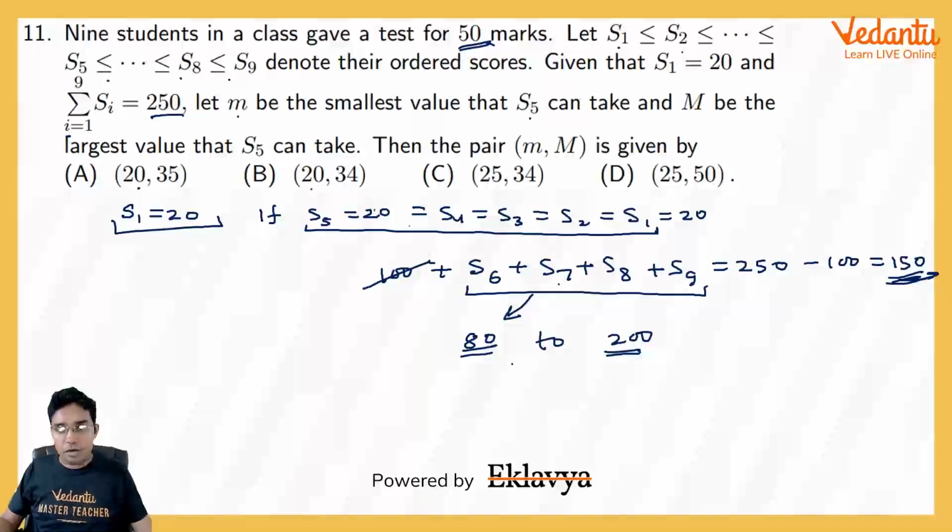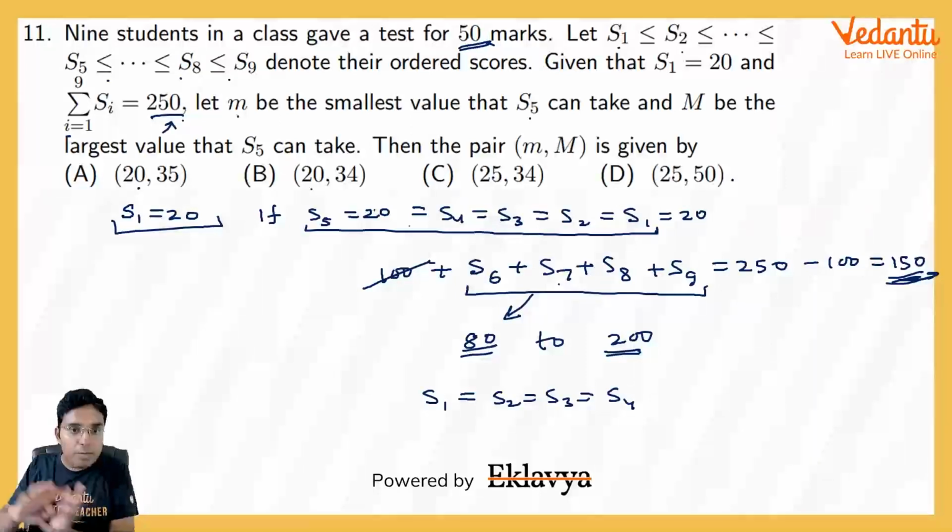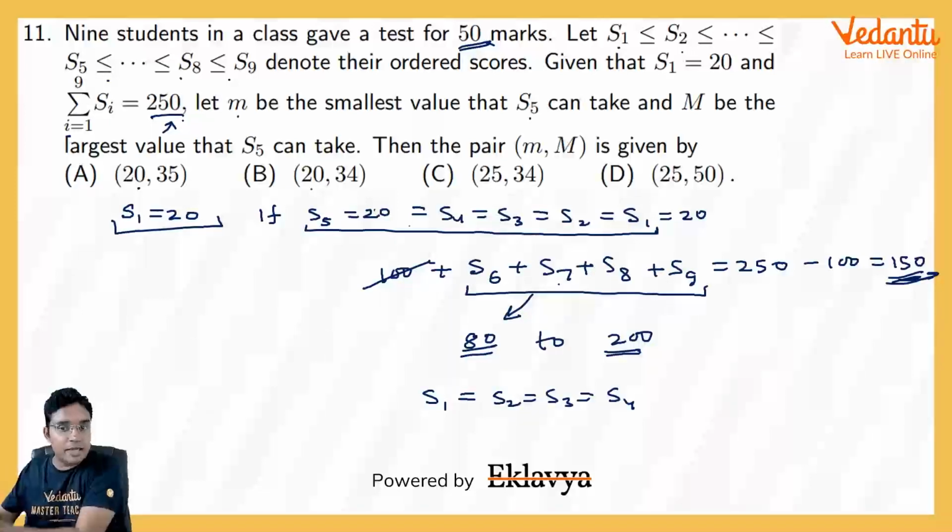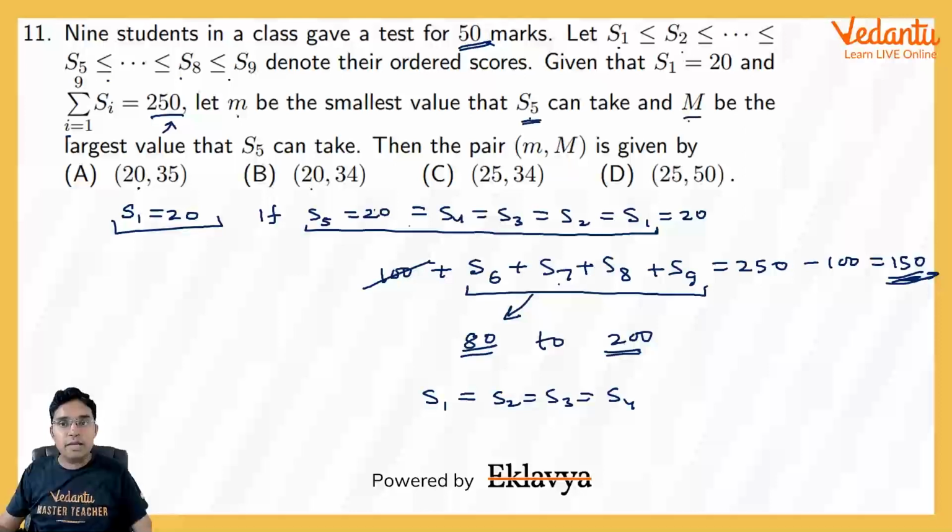To get maximum, what I'll do, I will say that let us have S1, S2, S3, S4 as least as possible, so that my remaining sum will be utilized in S5, S6, S7, S8, S9, and I will try to make S5 to be as large as possible.